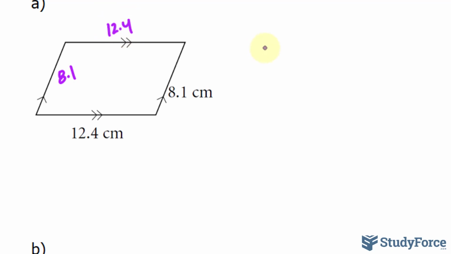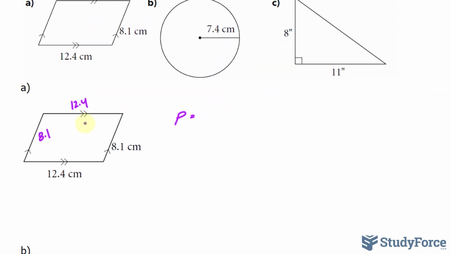Finding the perimeter can be summed up with this equation. 8.1 plus 8.1 plus 12.4 plus 12.4. Notice that I'm adding up all of the side lengths. Now, some teachers might expect you to write this as 2 times 8.1 plus 2 times 12.4.